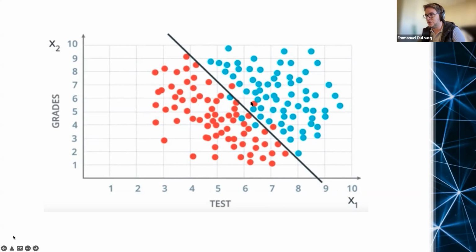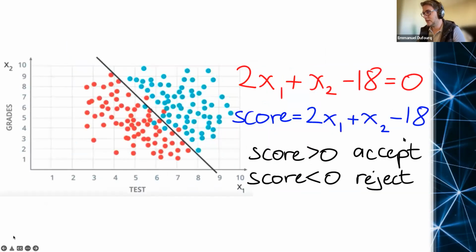So we can build a line that says if you're below the line, then you're not allowed into the course, and if you're above the line, then you are admitted into the course. This line is in the form of 2x1 plus x2 minus 18 equals 0. So this is the equation for this line.